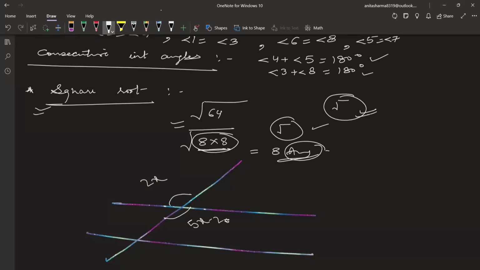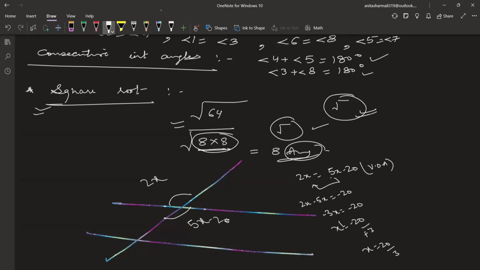First of all, these are vertically opposite angles, beta. So 2x will be equal to 5x minus 20. Transpose to the left-hand side: 2x minus 5x is equal to minus 20. So minus 3x will be equal to minus 20. So 3x is equal to 20, and the value of x will be 20 by 3, right?